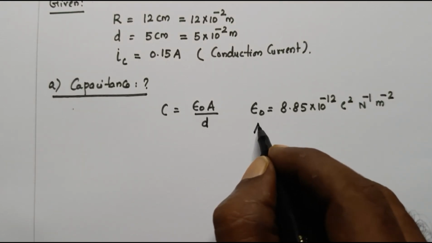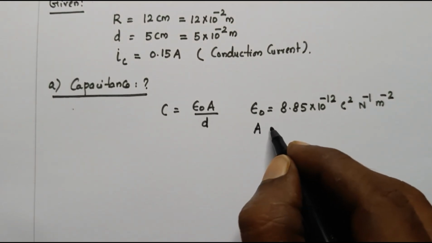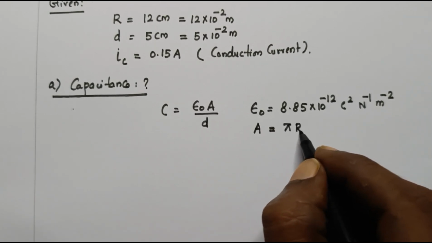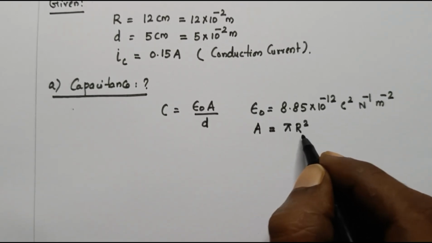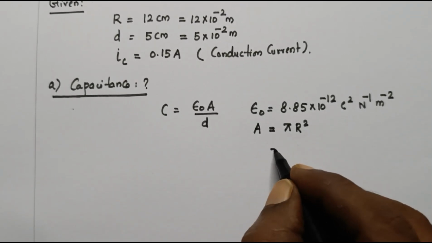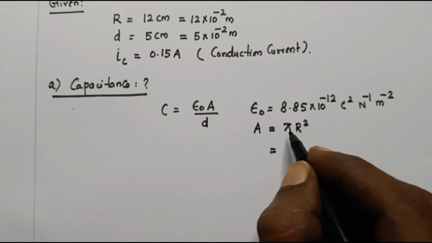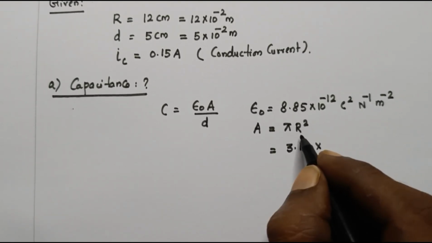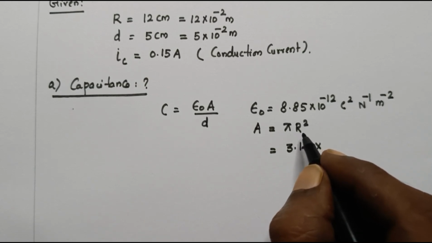A is the area of each plate. Area can be written as A is equal to pi r square. Since the plates are circular plates, we can take pi as 3.14. r is 12 into 10 to the power minus 2.